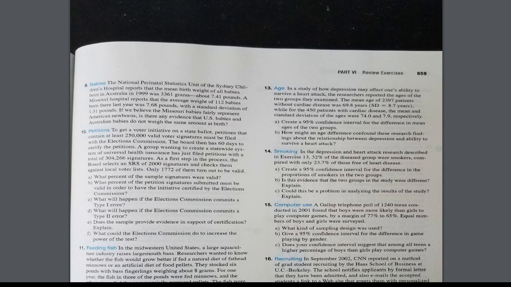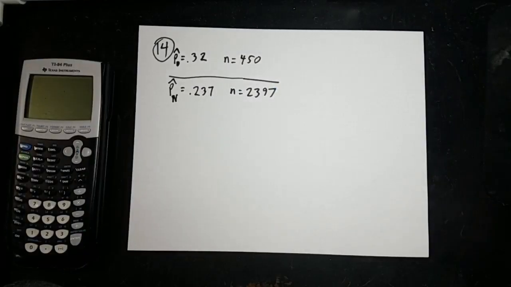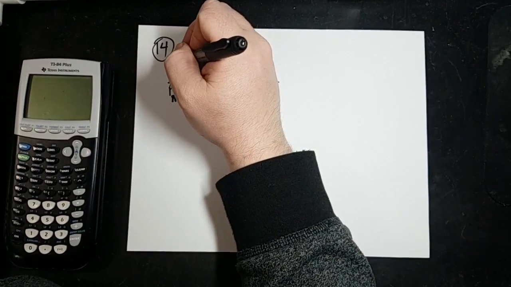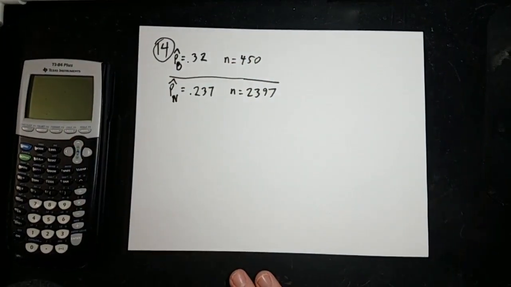Compared with only 23.7% of those free of heart attack, and that sample size was 2397. Let me show you what I just wrote down. This is the p-hat of the diseased group, 0.32.